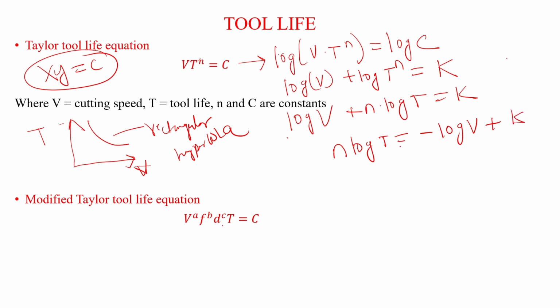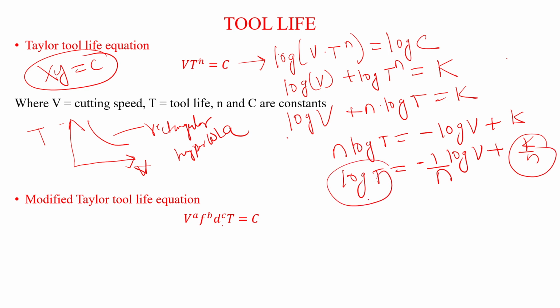If I bring n to that side, then log T will become minus 1 upon n log V plus k upon n. So this is y, this is m, this is x, and this is c. It is a y equal to mx plus c graph.